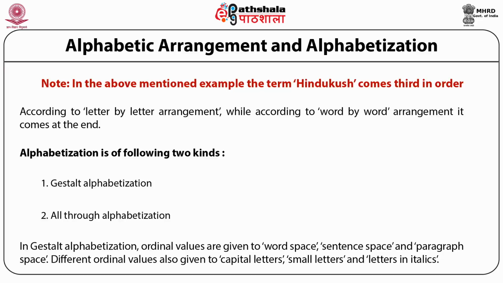Different ordinal values are also given to capital letters, small letters, and letters in italics. In all-through alphabetization, all the above mentioned things are ignored, but special rules are to be provided for the occurrence of different species of conventional symbols.